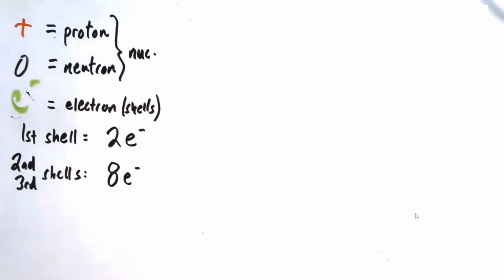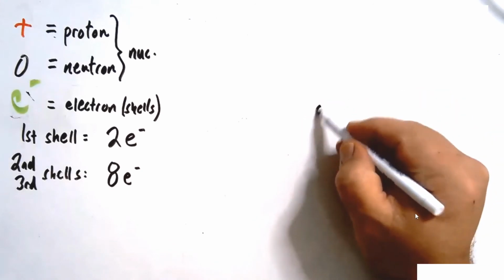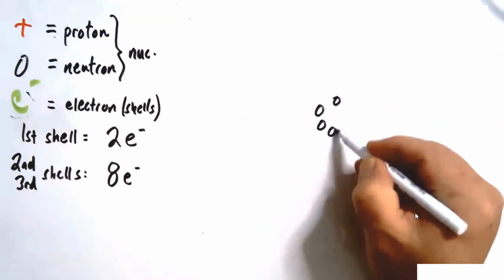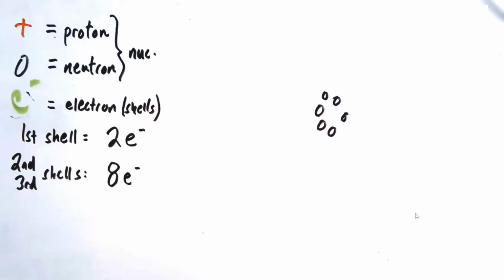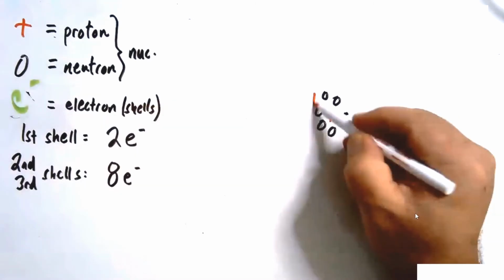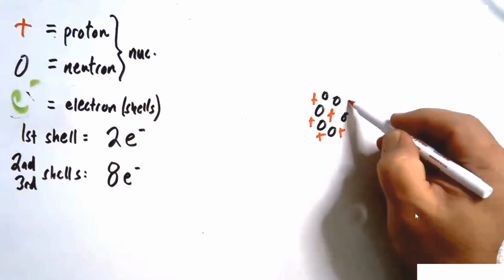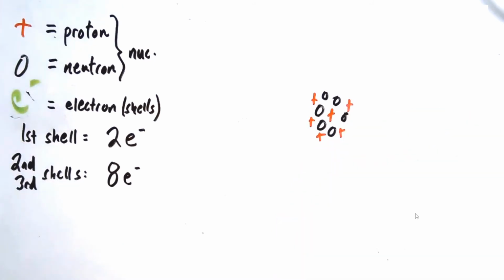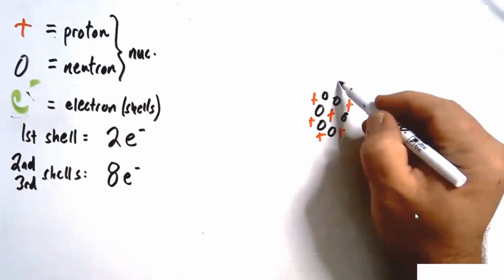So here we go. I'm making a drawing, starting with the nucleus. My neutrons. Now I use plus signs for the protons. Okay. Big circle around the nucleus.